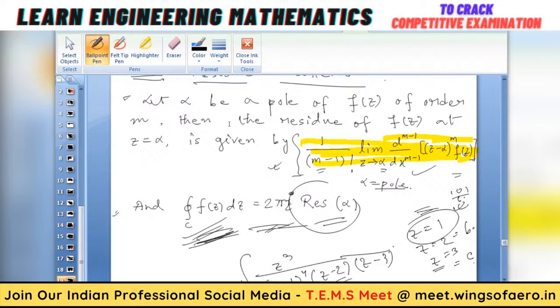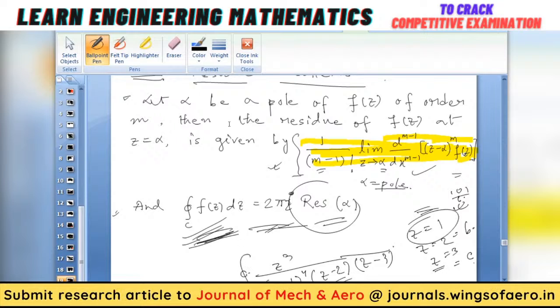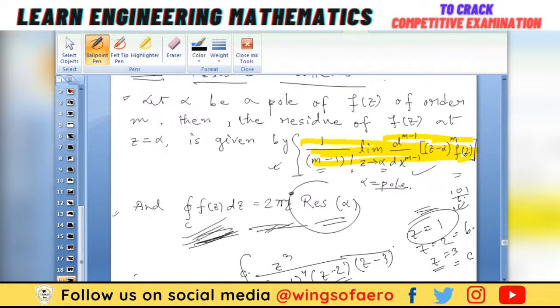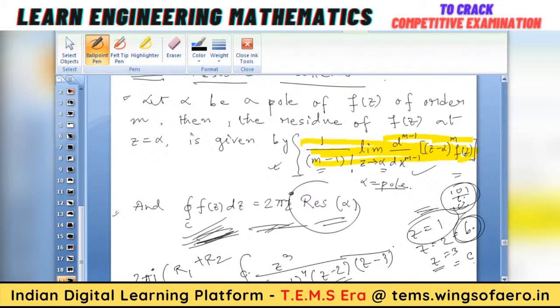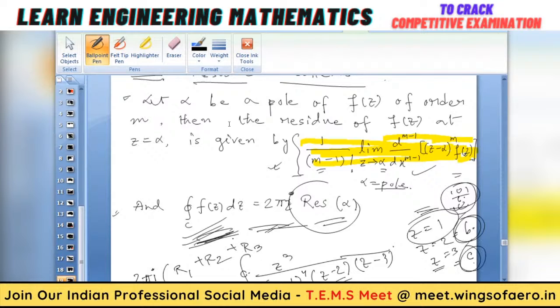Now, if there is an integration, then how to solve this integration? The integration is 2 pi i into R1, meaning residue 1, plus R2, meaning this one, plus R3, meaning this one.